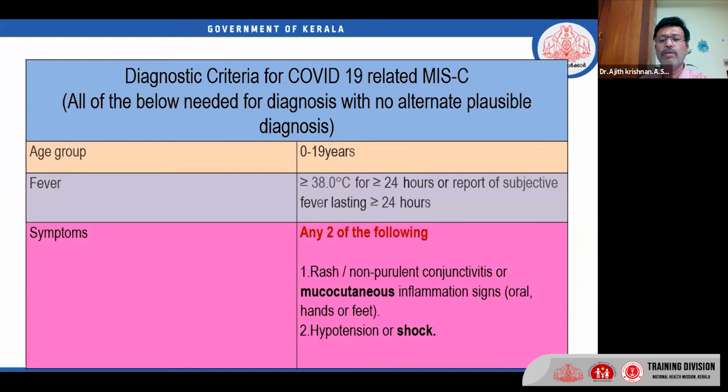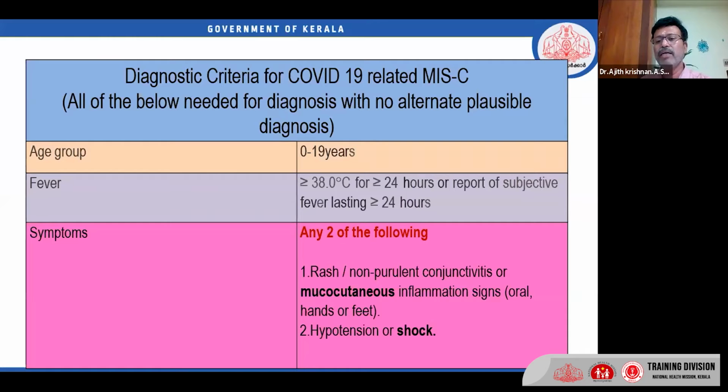So the MISC cases also can be mild. You may be seeing non-severe cases of MISC, and that can also sometimes lead on to severe. So initially it may be with a mild manifestation of MISC. So you should be familiar with all the manifestations of MISC.